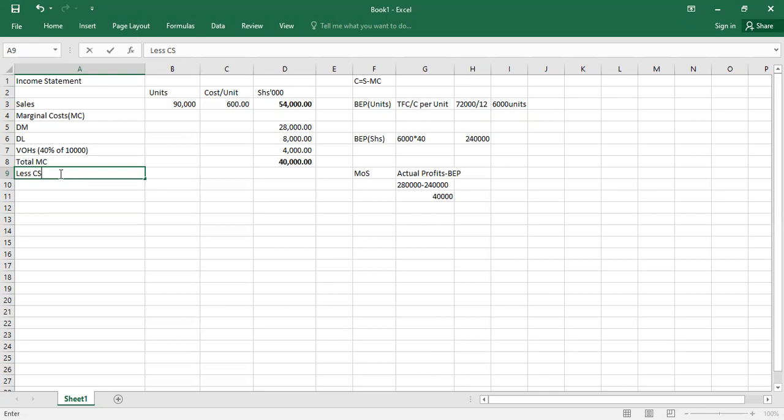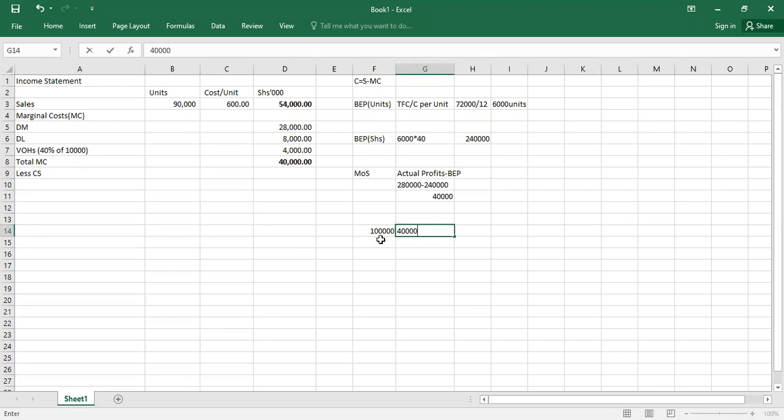What's the marginal cost of producing 100,000 bundles? It is 40,000, isn't it? So we can say 100,000 is equivalent to 40,000.